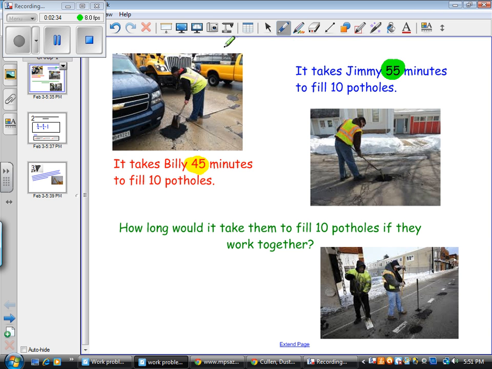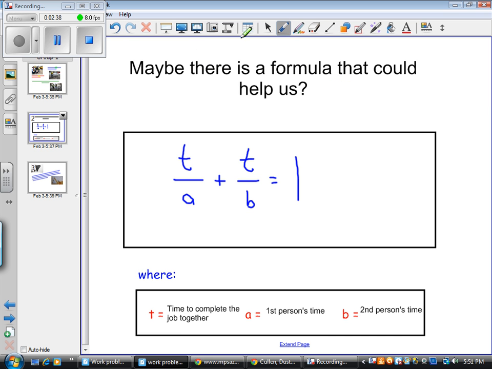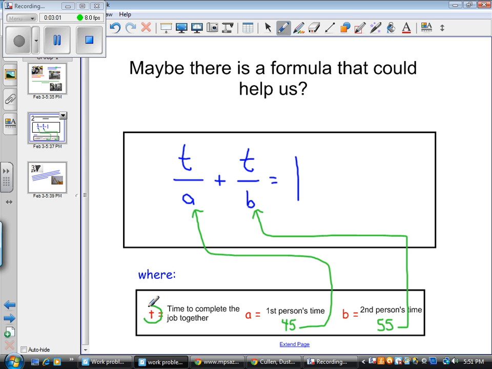All right. So as we go back here to the next slide, for our specific example here, A is going to be 45, which is Billy's time, and B is going to be 55. So we're going to substitute them in here and here, and when we do that, we're going to have an opportunity to solve for the T. That's our goal here.